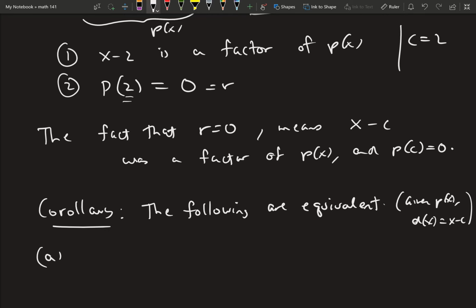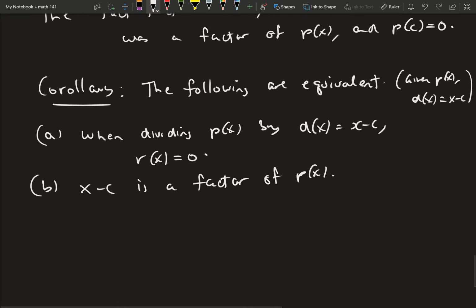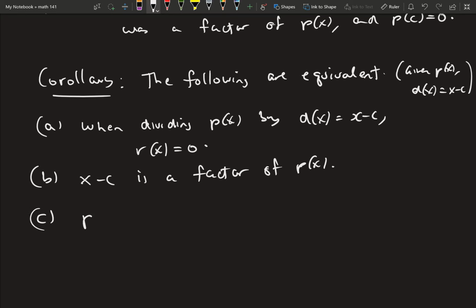So when dividing p of x by d of x, which is x minus c, the remainder r of x is 0. If that's true, that's equivalent to saying x minus c is a factor of p of x, and that's equivalent to saying that p of c is 0.